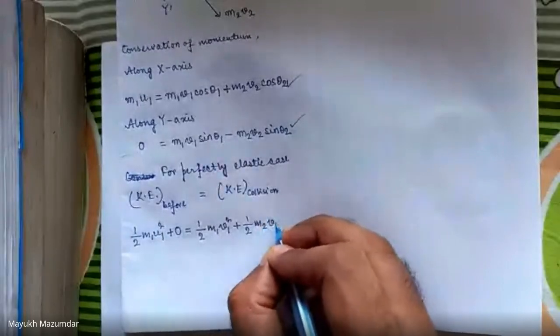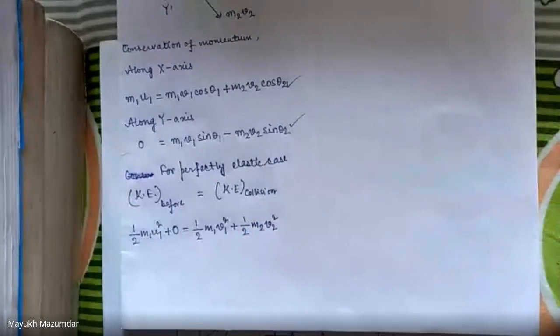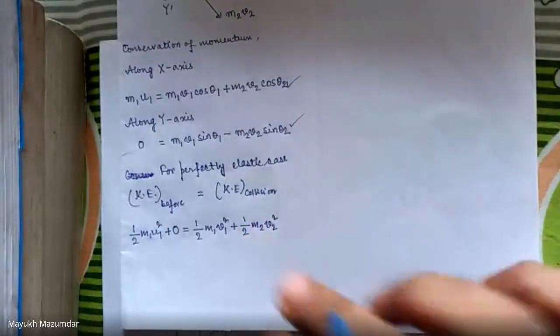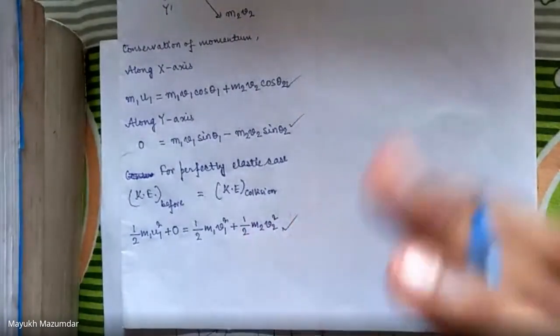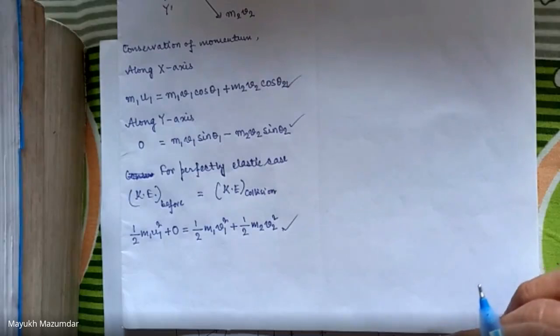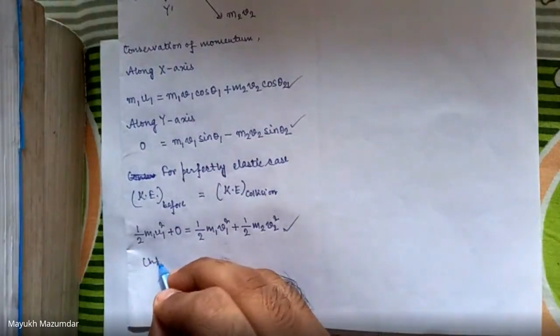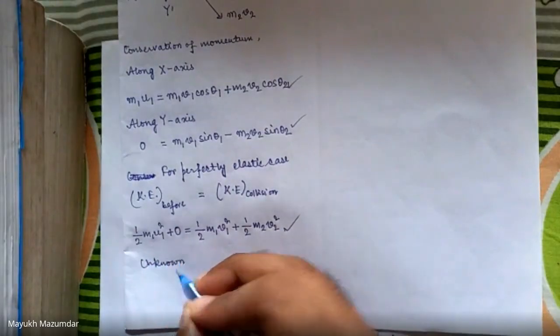Simply half m1 v1 square plus half m2 v2 square. It's not like v1 sine theta 1 square, not like that. So see, we have three equations, but what are the unknowns? We have four unknown quantities. How? What quantities don't we know?